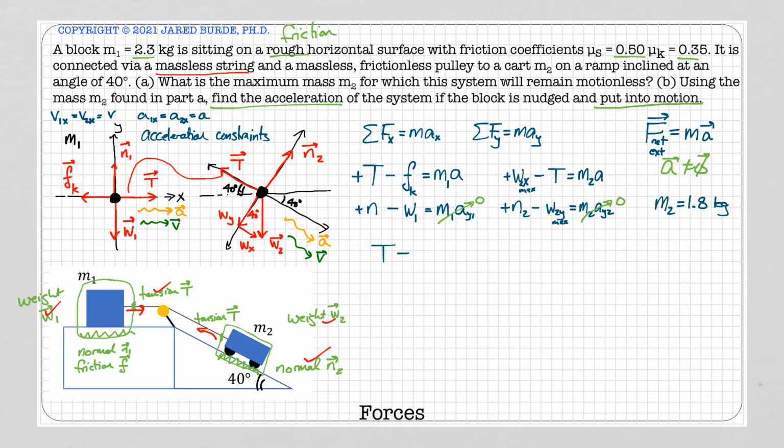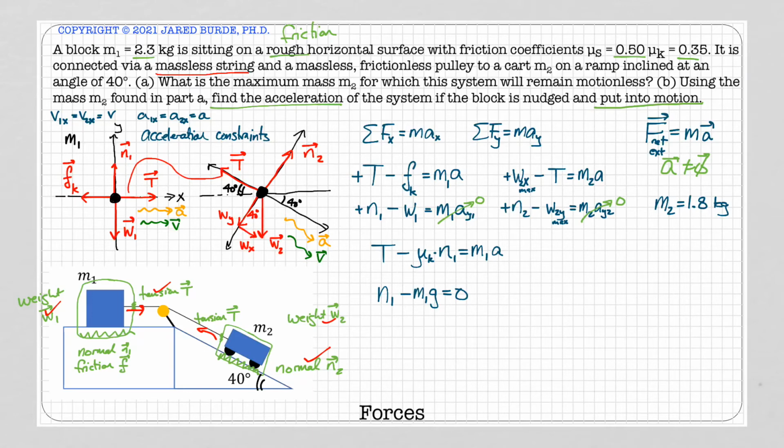So kinetic friction is always just the coefficient of friction times the normal force, the normal force of block 1 here. The weight is always mg. We talked about how the x component of the weight for block 2 is this side here.